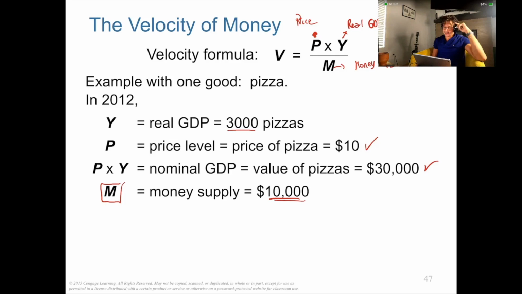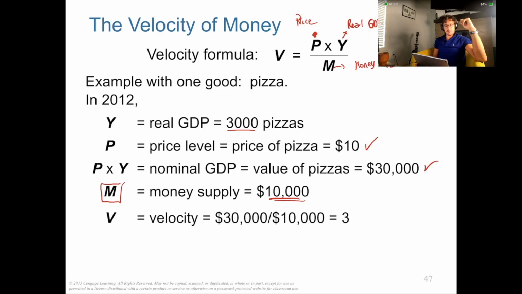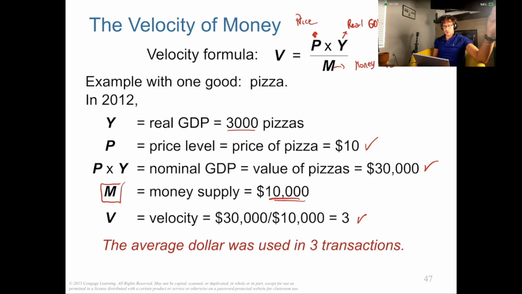You just divide the nominal GDP by M, so the velocity is 30,000 divided by 10,000, which is equal to 3. Money has to circulate 3 times in order to make these transactions possible. So the average dollar bill was used in 3 transactions.